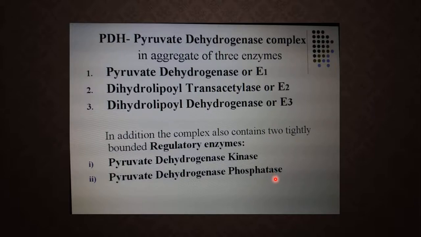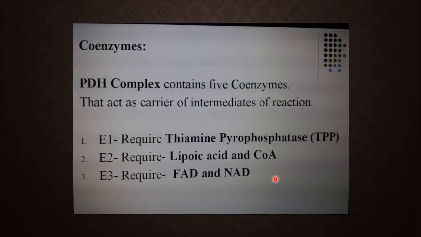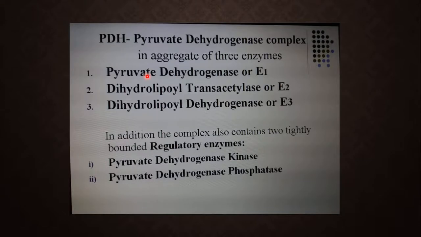In addition to these enzymes, there are certain coenzymes also. You see, we are calling it a complex. What does complex mean? There are many things there, which is why it is known as a complex. Earlier, on the first slide, I showed you the enzymes: three, E1, E2, E3, and then two regulatory enzymes.